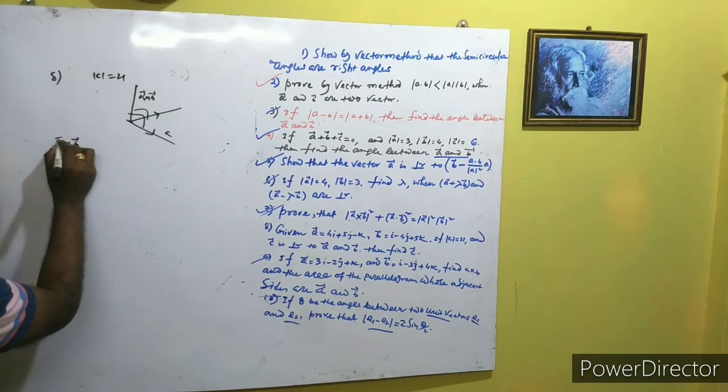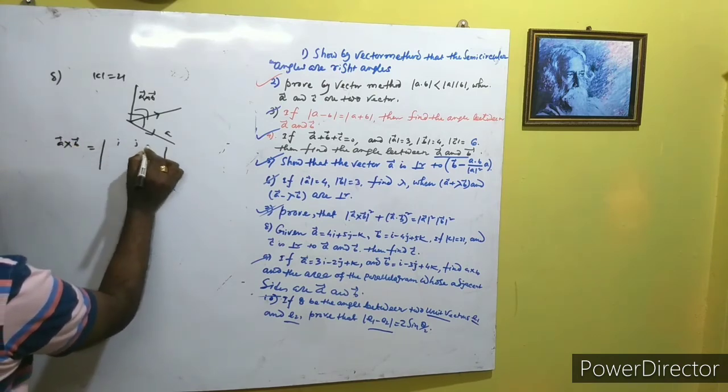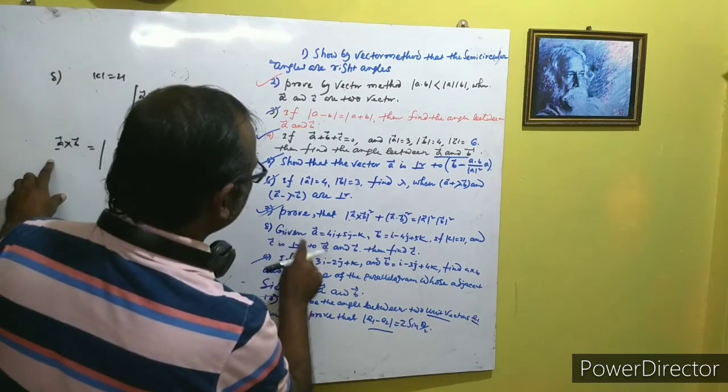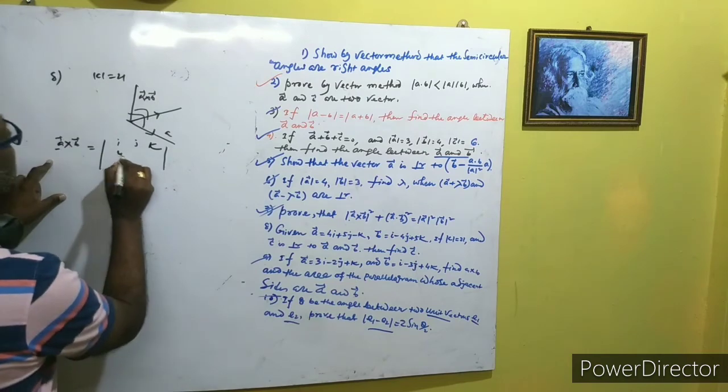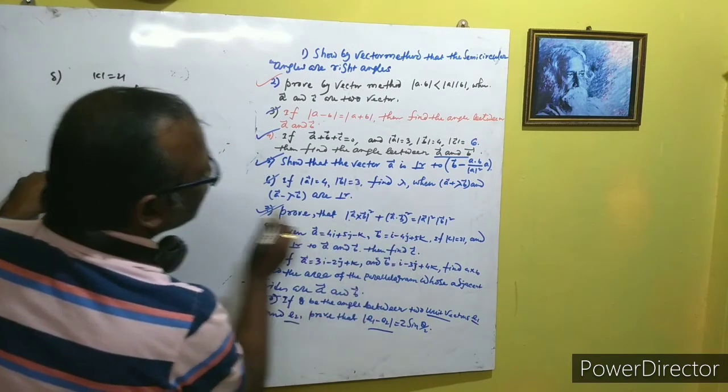So A cross B, we take a determinant with I, J, and K. The coefficients of A here are 4, 5, 1, and of B here, 1, minus 4, 5.